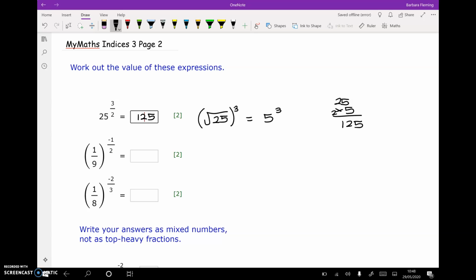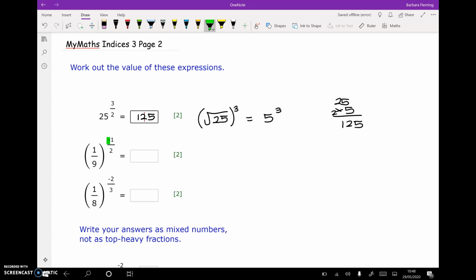Okay, our next question, we've got 1/9 to the power of negative a half. So quite a few things going on here. First thing I want to deal with is that negative power. Now, the negative power, whenever it's a whole number, we turn it into a fraction. When it's a fraction, you can deal with that by flipping it upside down. Fancy word for that is writing its reciprocal.